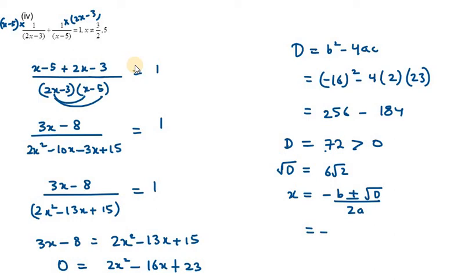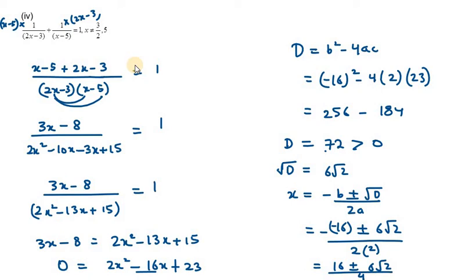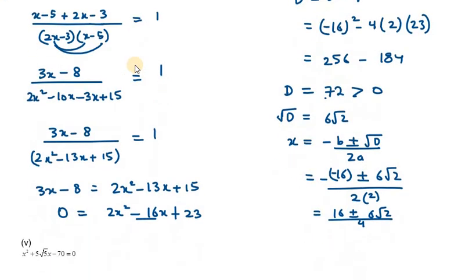B in this case is minus 16 plus minus under root b value is 6 under root 2, 2a. A in this case is 2. So you get 16 plus minus 6 under root 2 over 4. So this is your solution to question number 4.